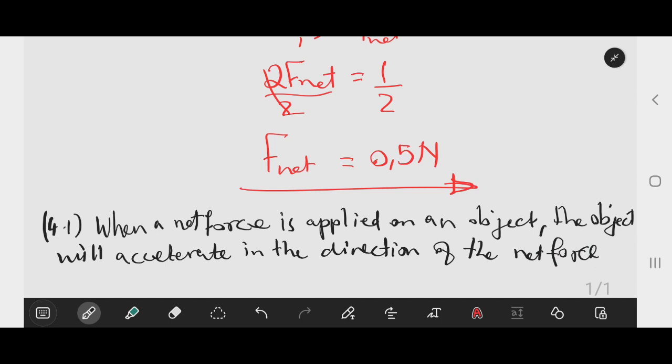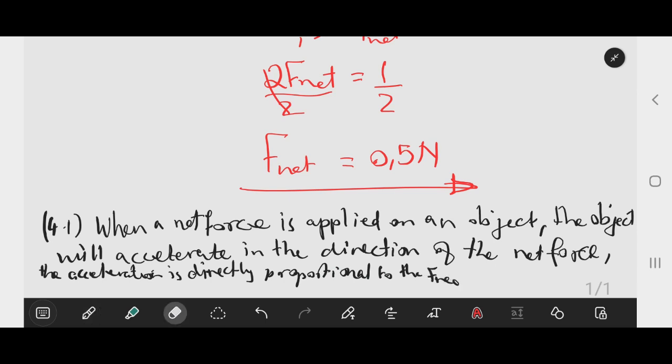And now we talk about the magnitudes. The acceleration is directly proportional to the net force and inversely proportional to the mass of the object.